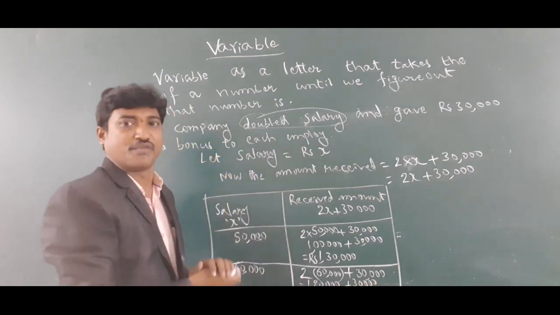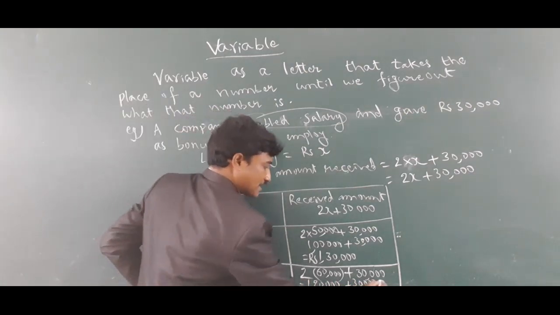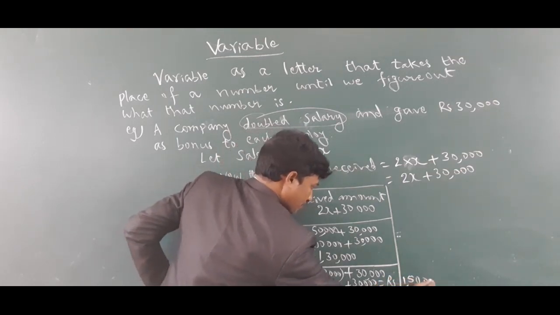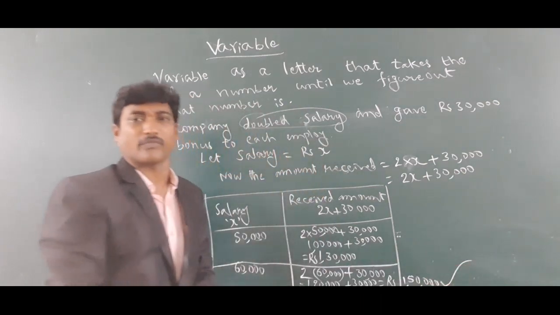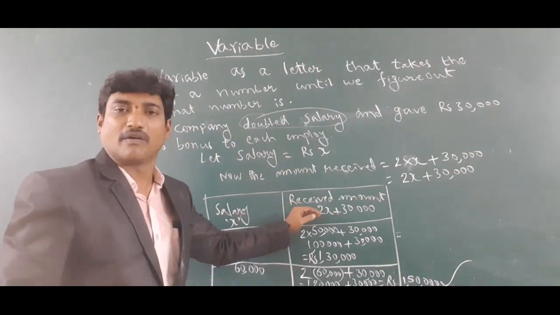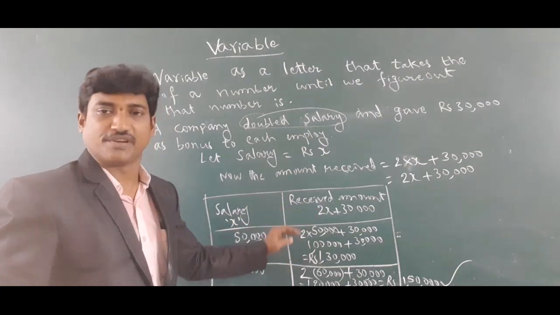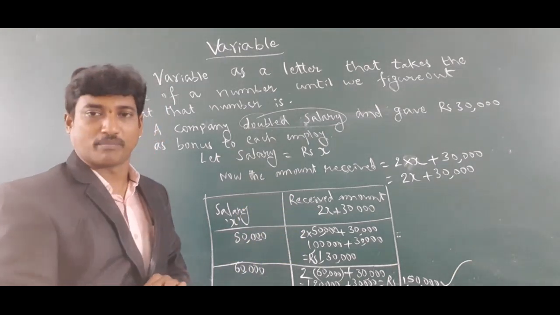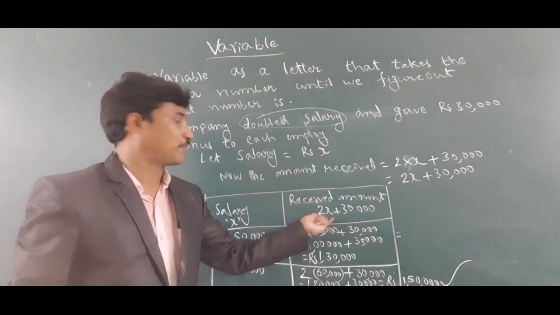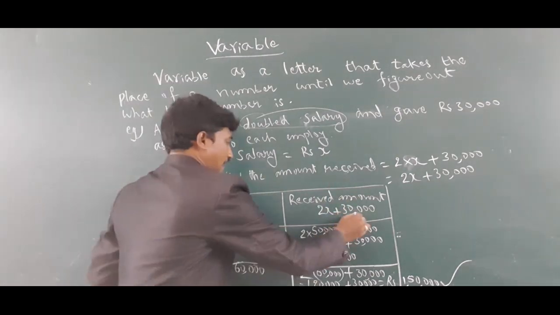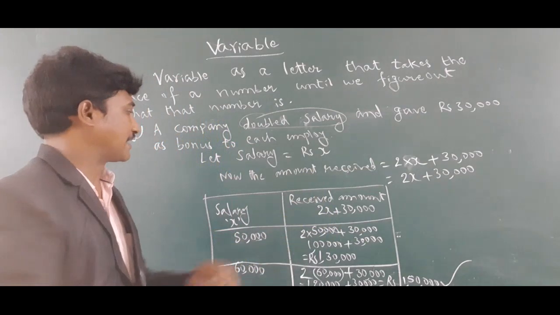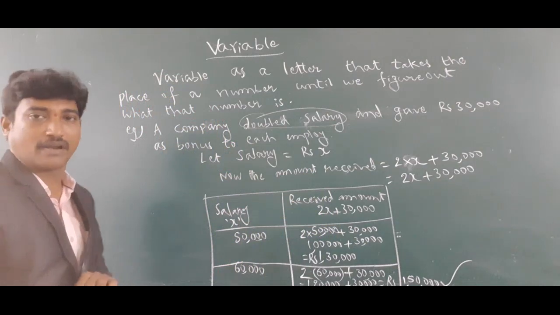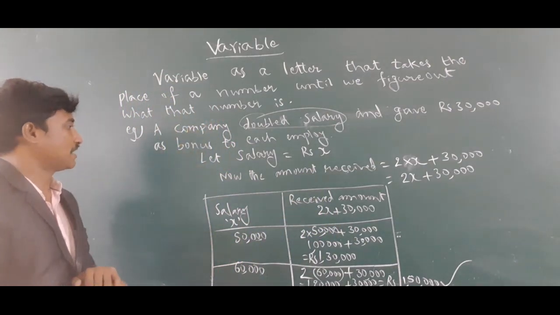Total the amount he received is 1,20,000 plus 30,000, that is 1,50,000 rupees. In this way we can calculate the amount received by each employee at the end of that month by using the expression 2X plus 30,000. Here X is a variable. X takes different values. A variable is a letter that takes the place of a number until we figure out what that number is.